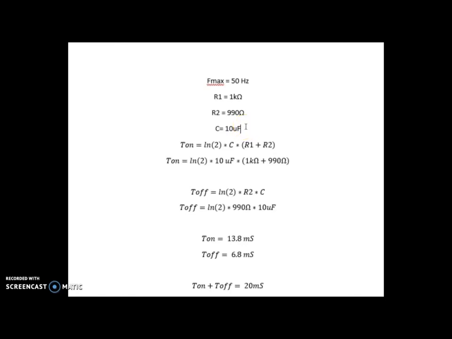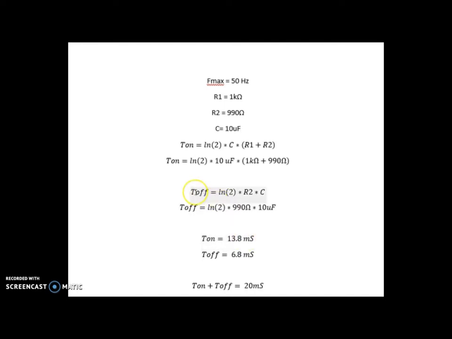Now, to know the high time of our signal, we need to use this equation, that is logarithm of 2 times our capacitor times the sum of our resistors, which gives a total time of 30 seconds.